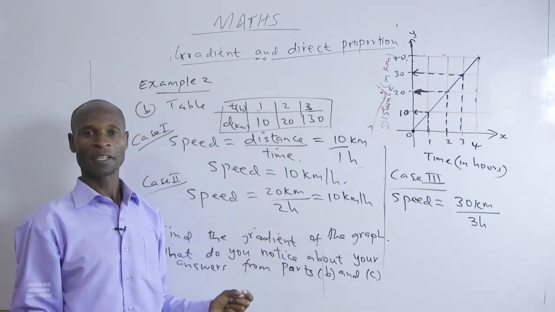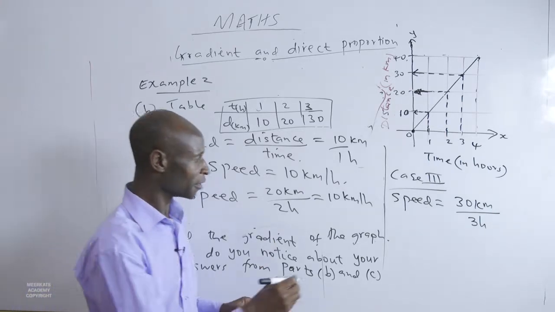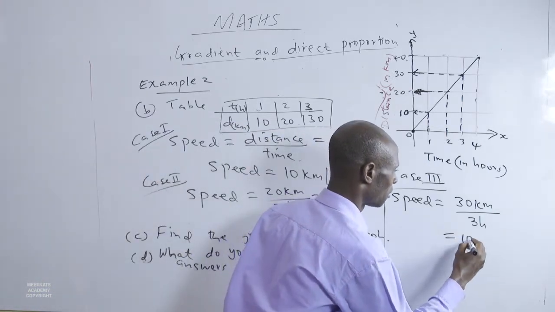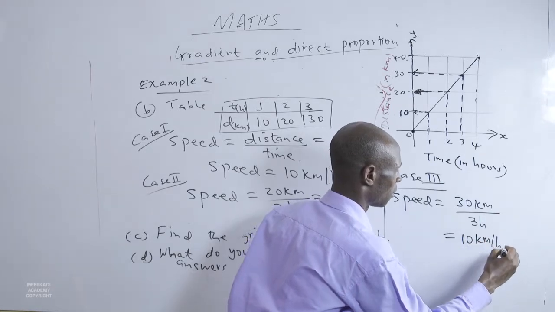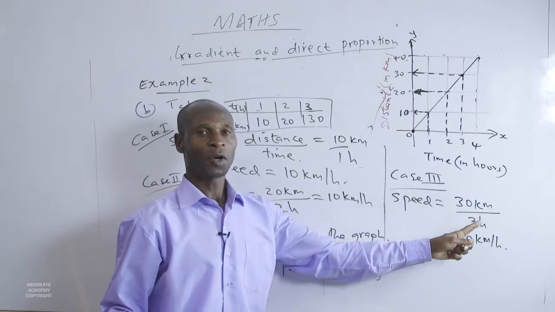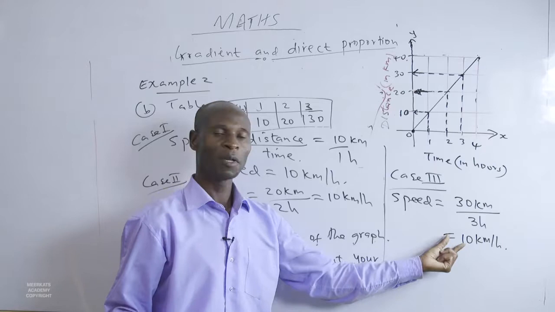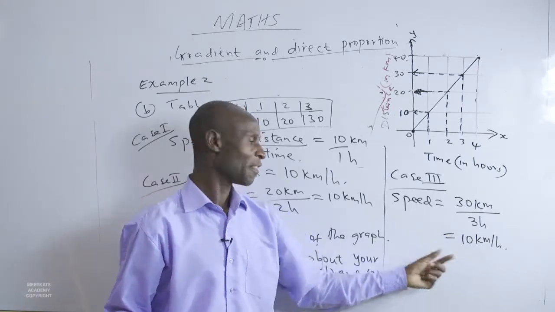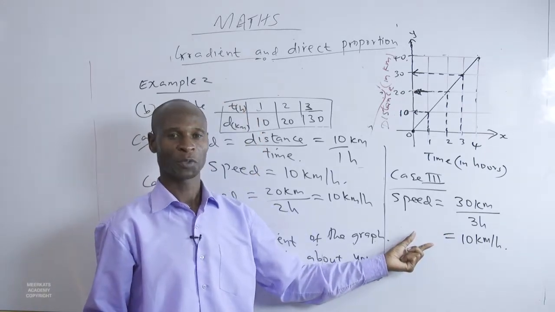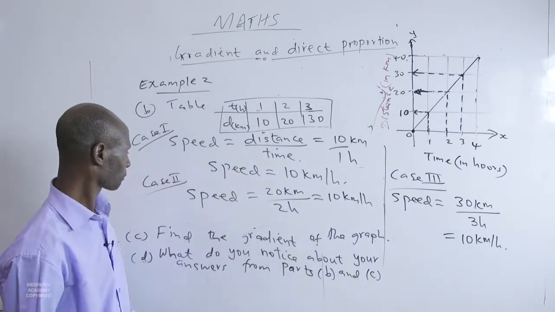When we simplify 30 divided by 3, the result is 10. Because distance is in kilometers and time in hours, the speed will be in kilometers per hour. And that's why we have expressed our answer for speed as 10 kilometers per hour.